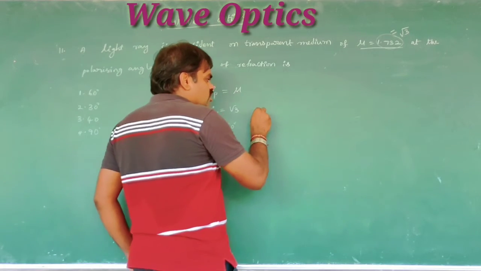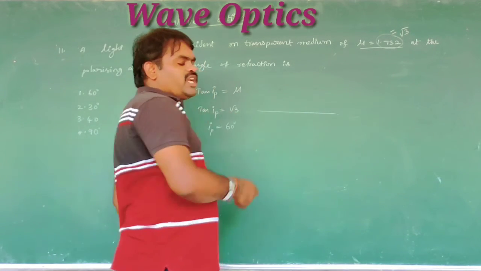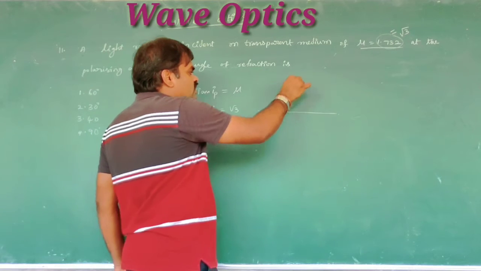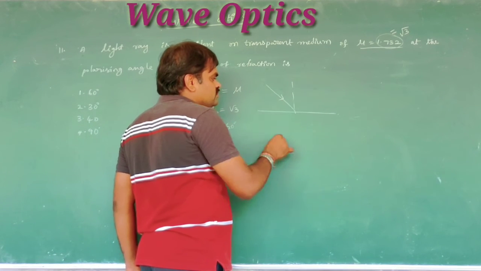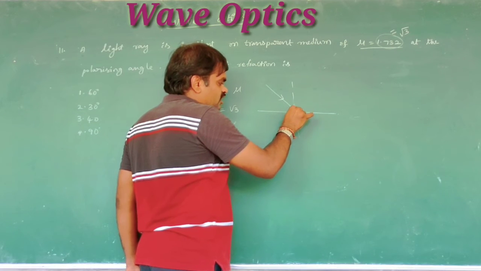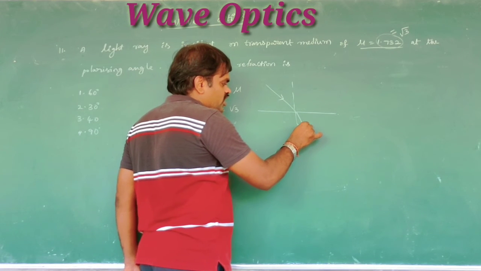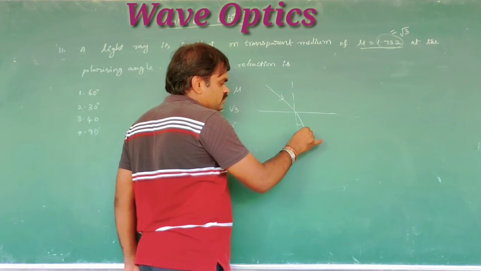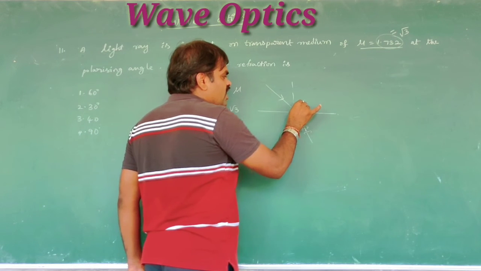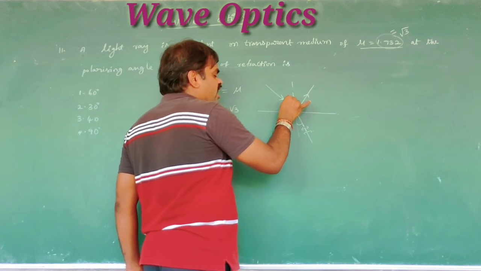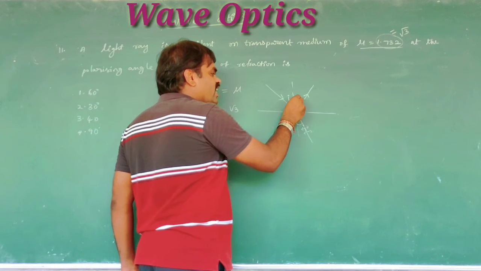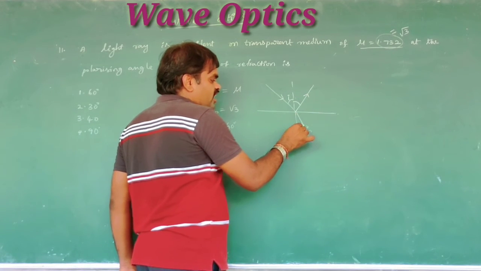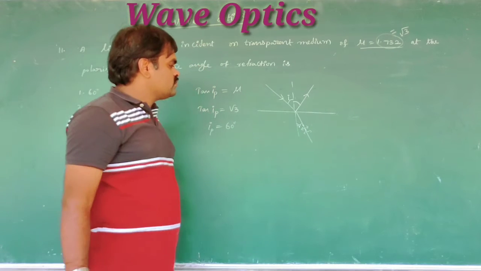Here we see it is a transparent medium. Then the light ray is incident. It is partially refracted, and it is reflected. This is the angle of incidence, this is the angle of reflection, and this is the angle of refraction.